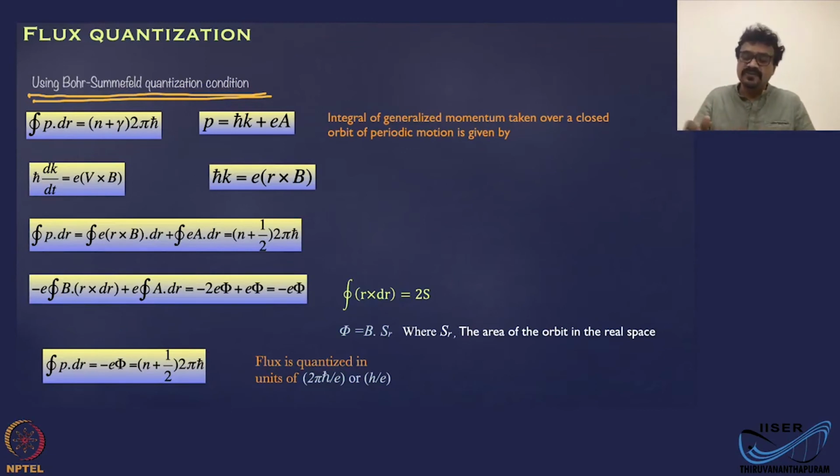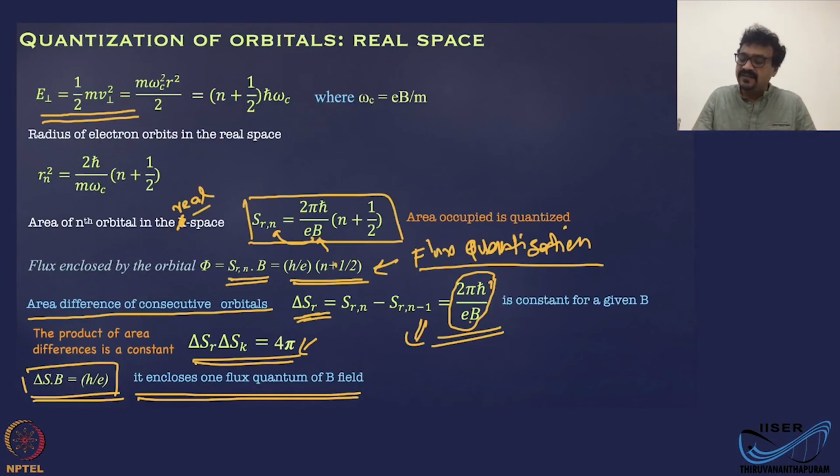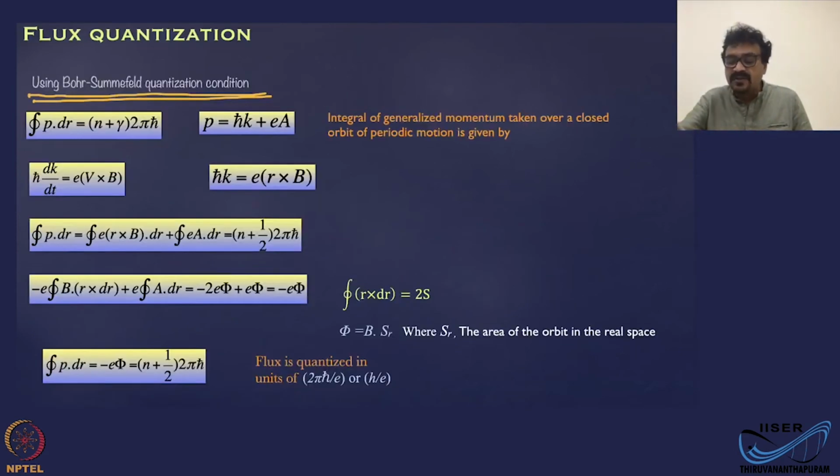Okay, so what we just saw is a flux quantization which is revealed without considering anything intricate. Now let's look into the flux quantization which is used by Bohr to explain the atomic structure or shell structure of the atoms, the stationary states for electrons in an atom.